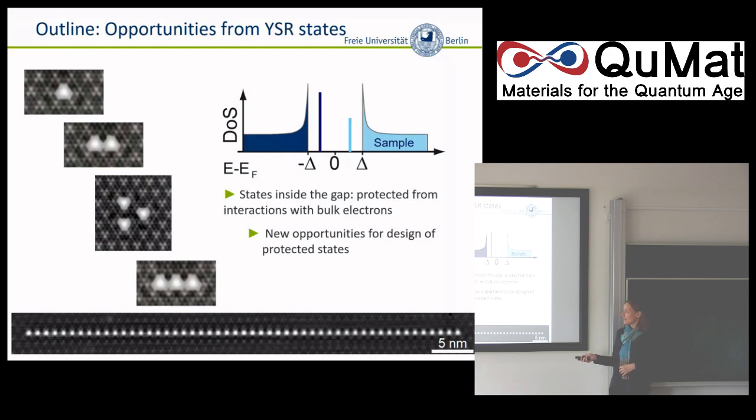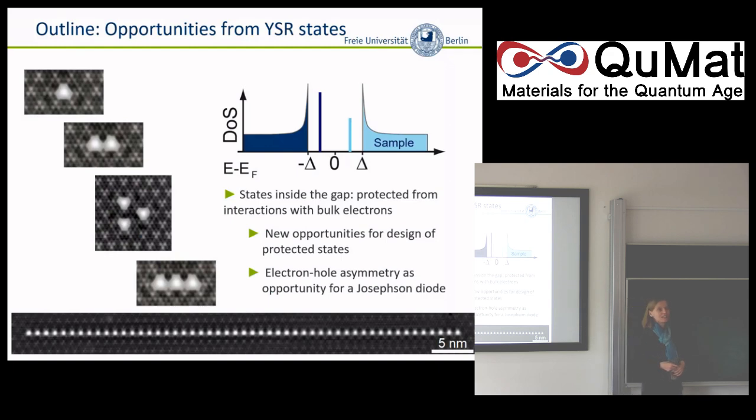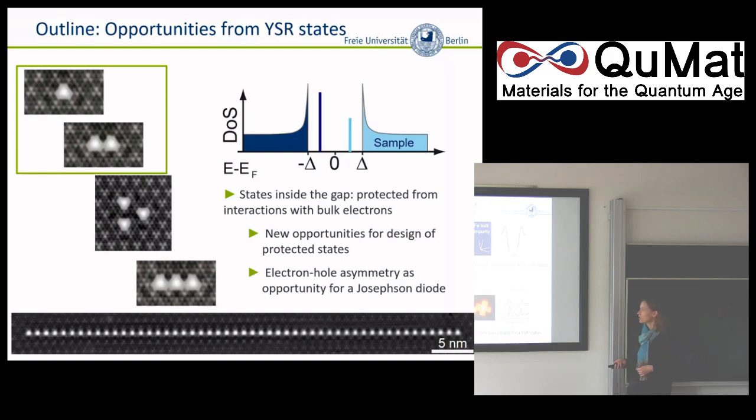Well, and then on top of that, I also told you that this particle-hole asymmetry in the intensity is there due to potential scattering. And I want to highlight one example where not only the exchange coupling is important to induce these states, but on top of that, this electron-hole symmetry breaking is important, and that will give rise to what we call a Josephson diode.